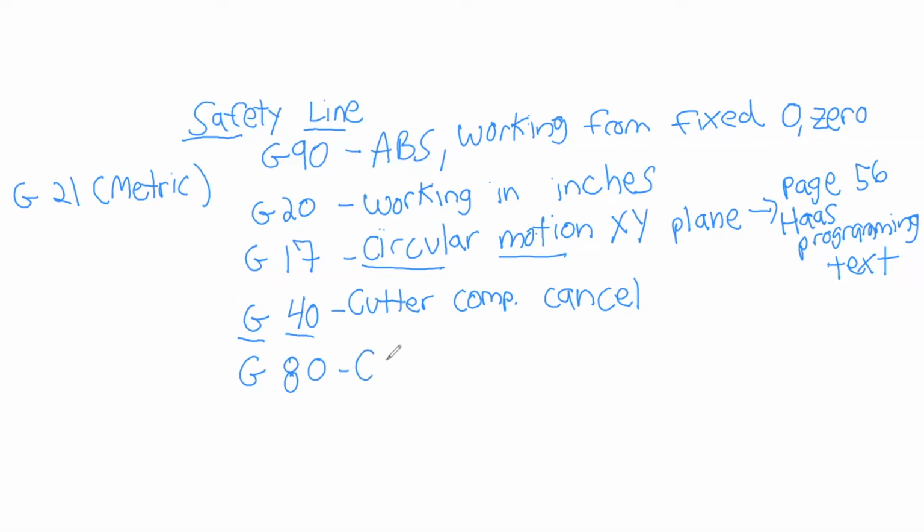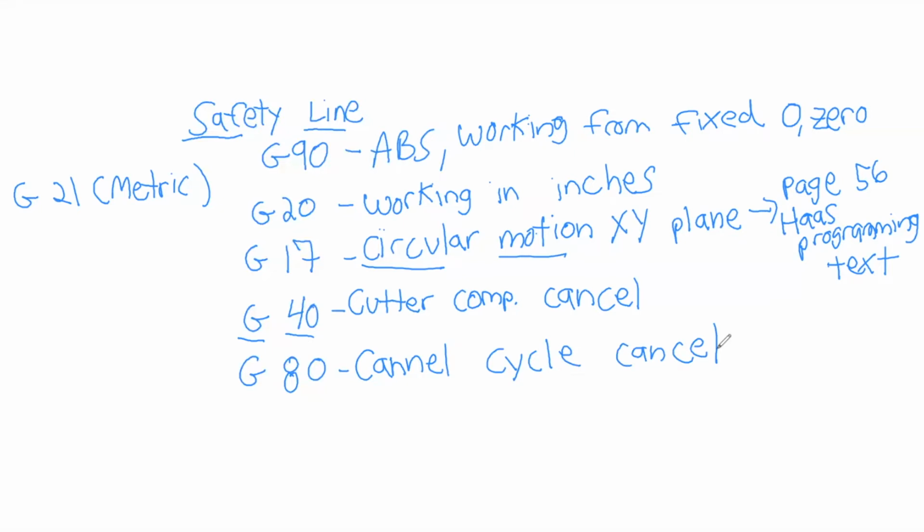And this is canned cycle cancel. Canned cycles are Z-axis repetitive operations, such as drilling, tapping, and boring.